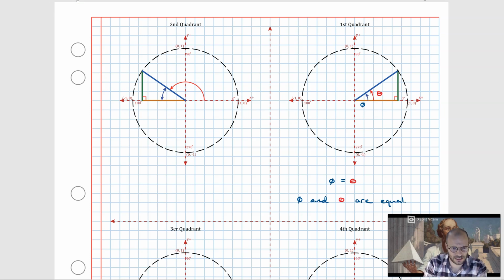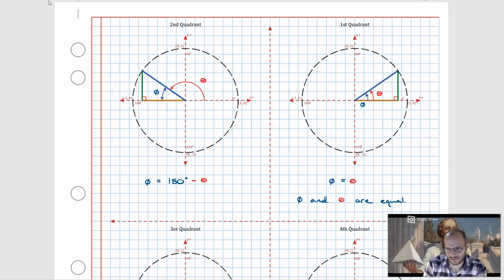Secondly, in the second quadrant, what we see is that theta is defined by this red arc over here, and similarly phi is defined as the interior angle of the subsequent triangle in the second quadrant. What we can see is that phi is equal to 180 degrees take away the value of theta.